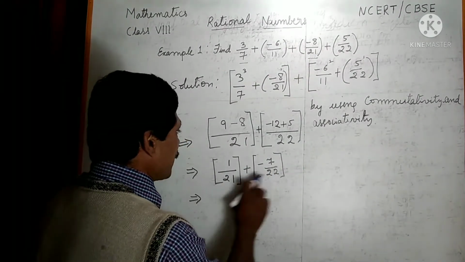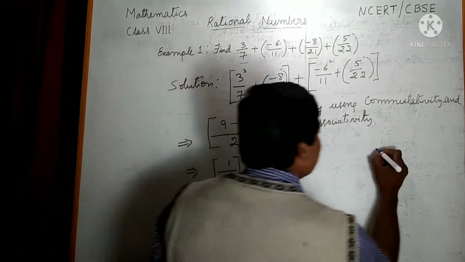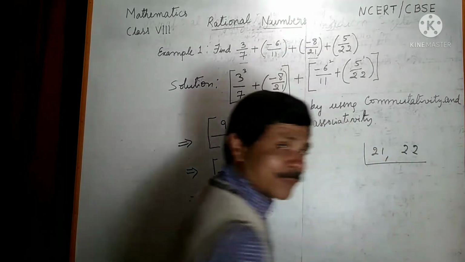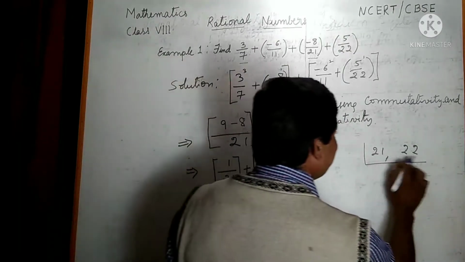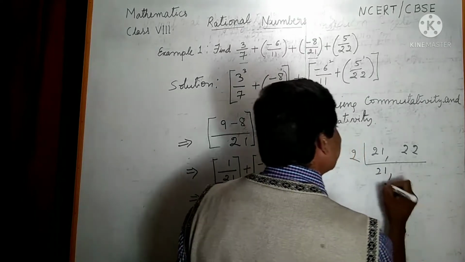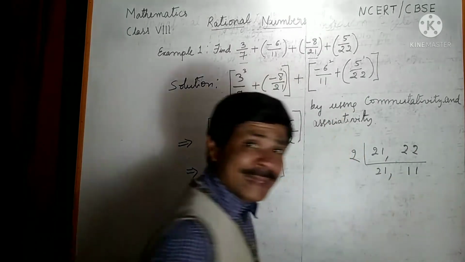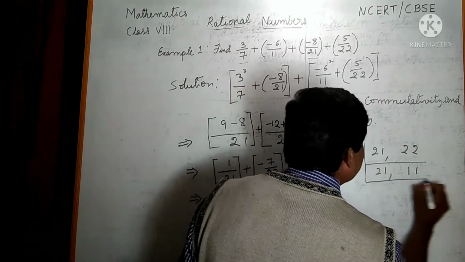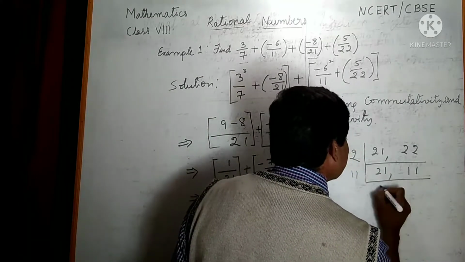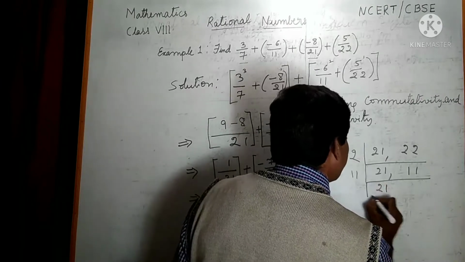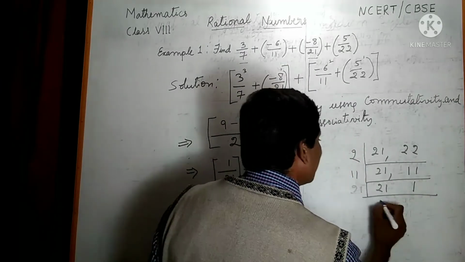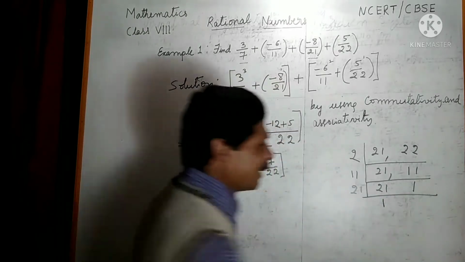Let's find the LCM of 21 and 22. 21 and 22. Here 2, 21 keep as it is, 2 11s are 22 and 11, take 21 as it is and 11 1s are 11 and 21 1s are 21.